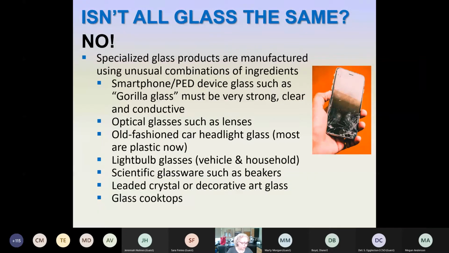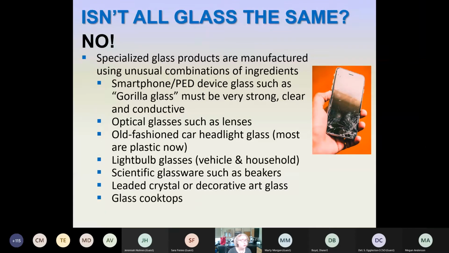So most of the glass that we do see in casework is either vehicle windshield glass, or it is architectural glass, building windows, building door panels, things like that. However, we also recognize that there are a number of different categories of glass that are quite different. And having these types of glasses in a case would be very significant because they're just more rare than those more common types of glass. So some examples here that you see are the PED glass that we just spoke about, eyeglasses with glass optical lenses.